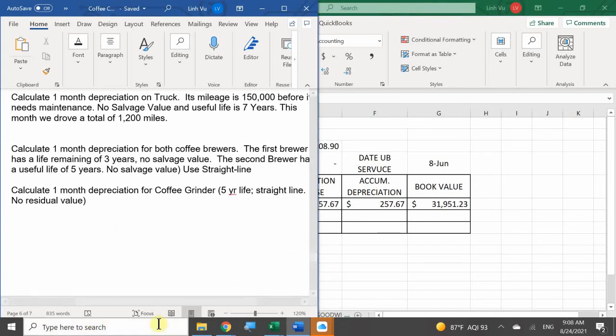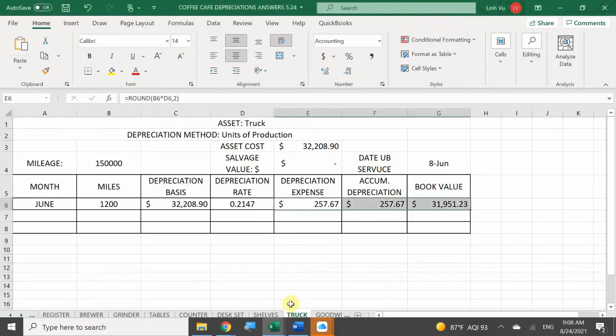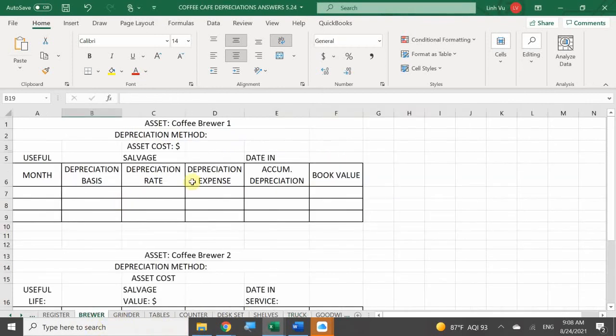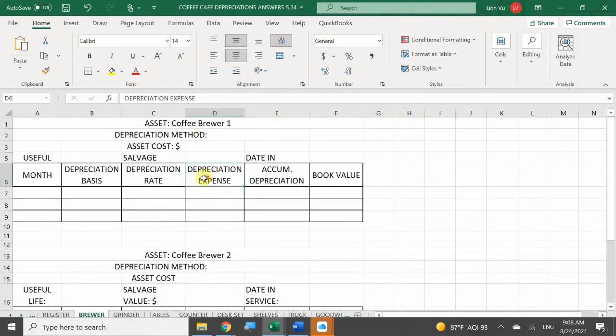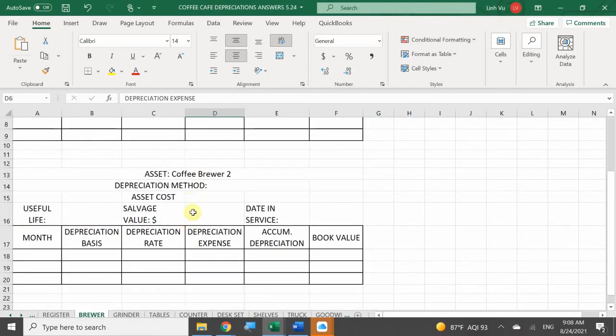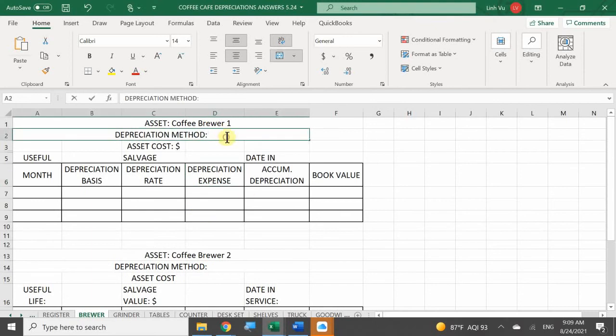So here we're going to go to our depreciation tables and locate our brewers. Here they are. You've got the table for coffee brewer number 1 and the table for coffee brewer number 2. We know what the depreciation method is. We're using straight line, so put SL for short.